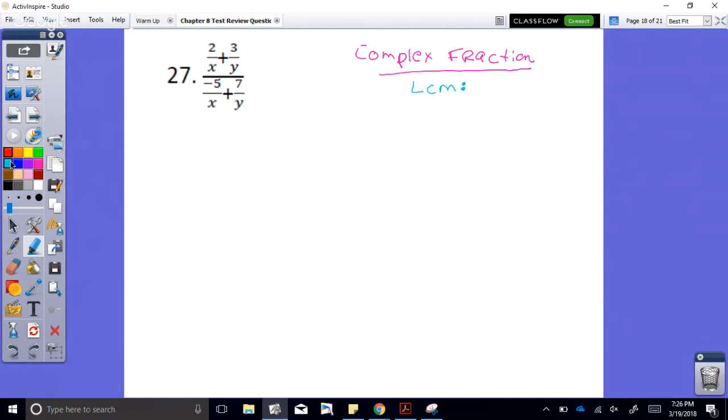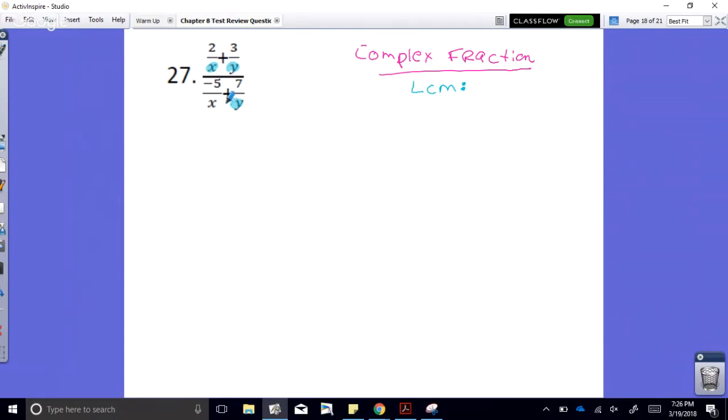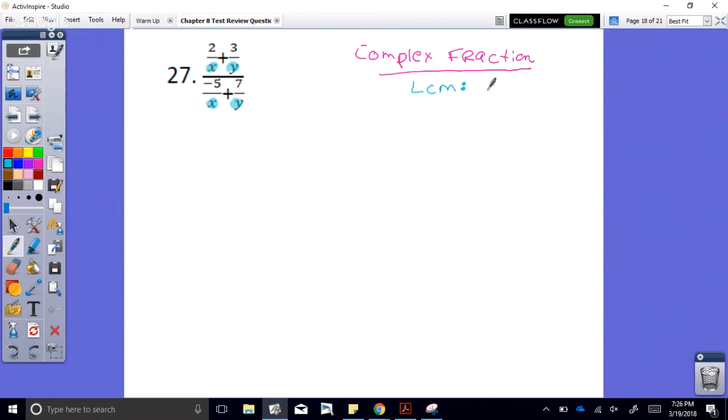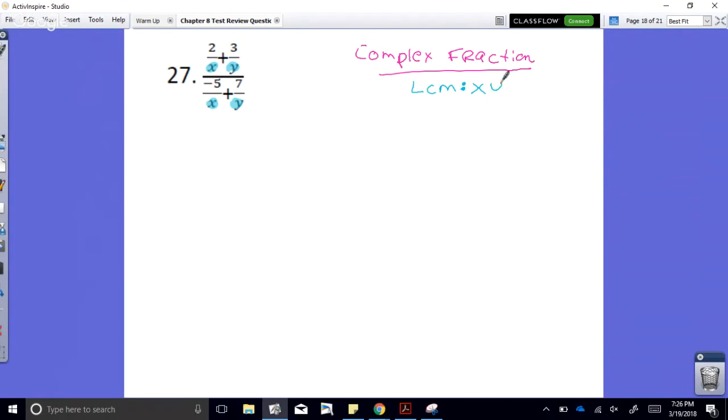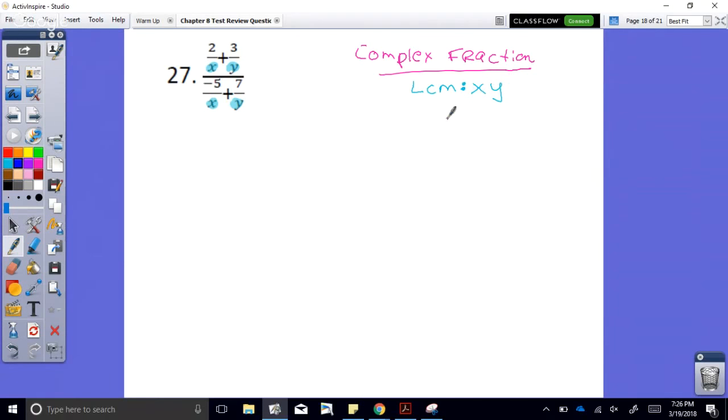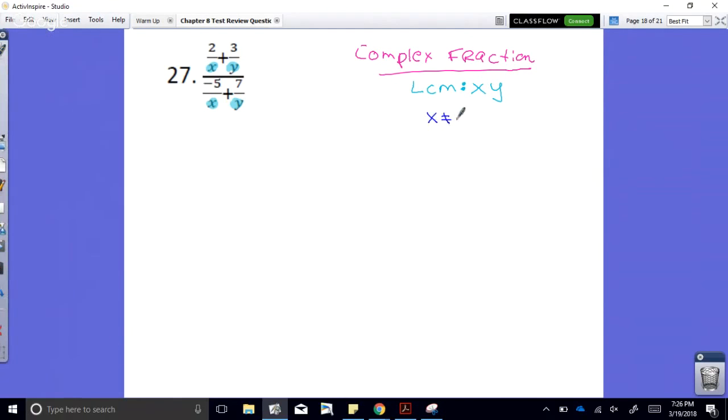So when I say the LCM of the baby denominators, what I mean are all these denominators. And if I look for the LCM of these baby denominators, I have an x and I have a y. When it comes to my restriction, since there's no plus or minus, that just means that x can't be 0, nor can y be 0.